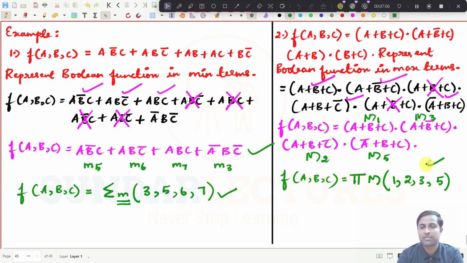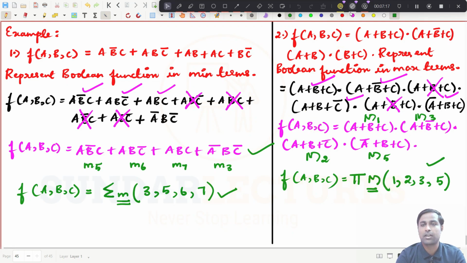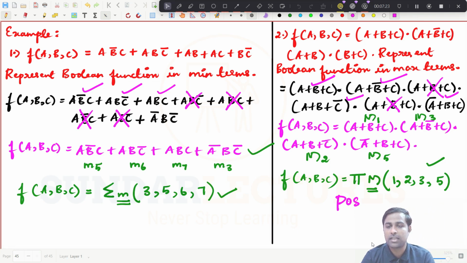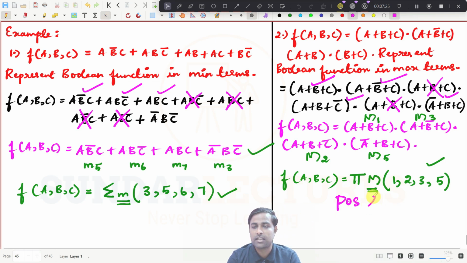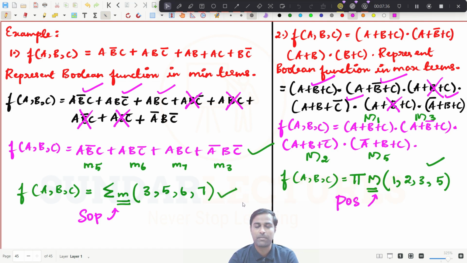This is max terms. If you see pi, capital letter M, then you have to understand this is the POS function. This is a POS function, and this is very important. If you see any summation of small letter m like this, this is an SOP function. These are all very basic things.